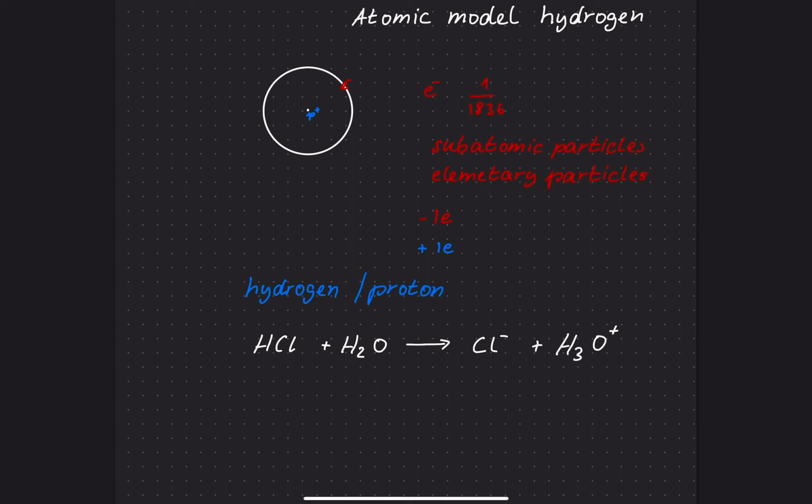We simply add this H to this water, which gives us H3 here. So here, in theory, we have H1, but nobody writes H1. As soon as we don't have an indication what number it is, we assume automatically it's 1. So let's remove the 1 here.